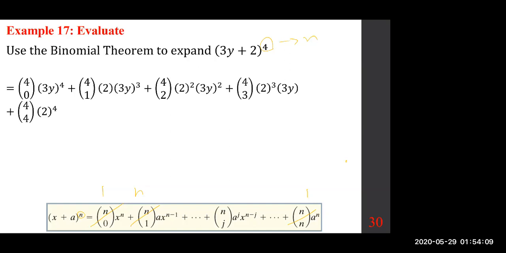I've seen students writing 3y to the power of 4, which is going to be completely wrong. Now, when I said this one is 1 and this is 1 class and so is this one, you don't even have to calculate it. In general, Cn0 is equal to Cnn equals 1. Okay, so that helps.